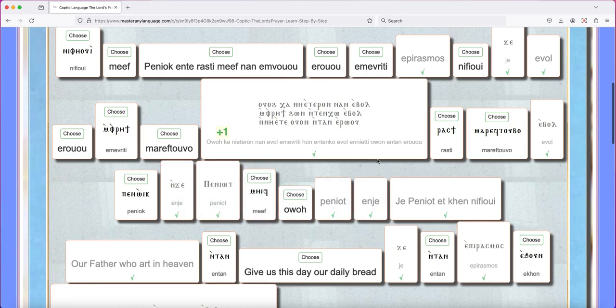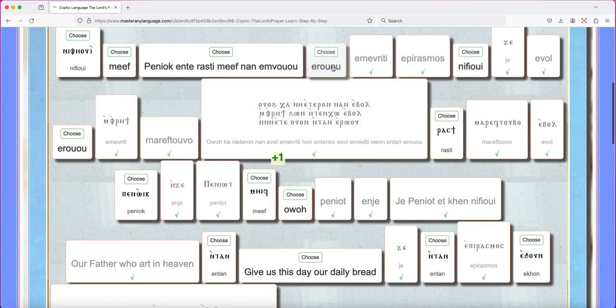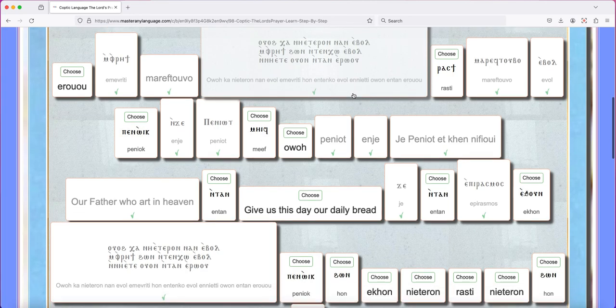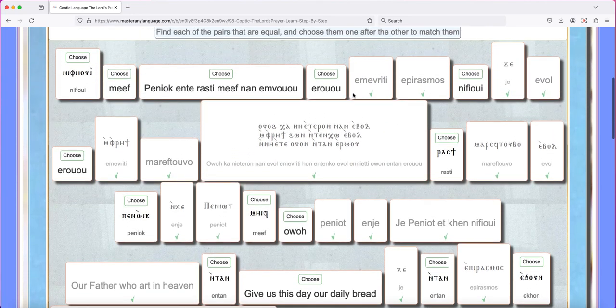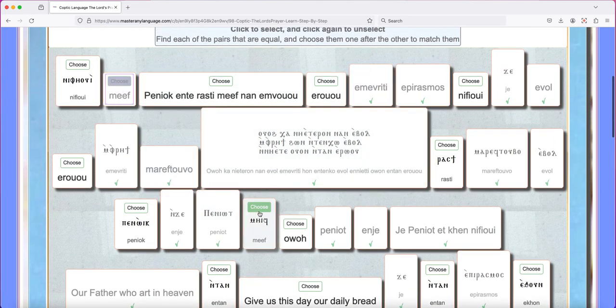Inje. Mareftovo. Emefriti. Mif. Pinyoik interasti mif nanemevo. Pinyoik, that means you give us their daily bread.